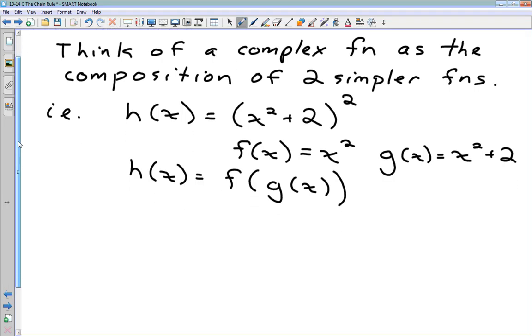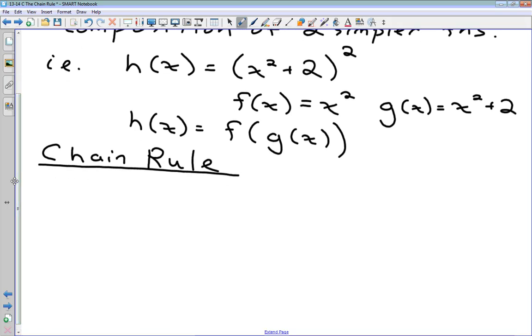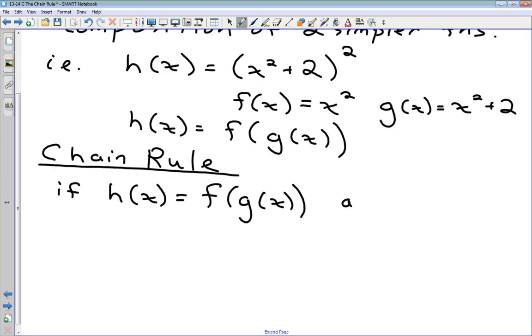What does this have to do with the chain rule? Well, let's look at what the chain rule actually is. The chain rule says that if you have a function, like h at x here, which you have made by the composition of two simpler functions, so if h at x is equal to f at g at x, and let's say both f and g are differentiable.